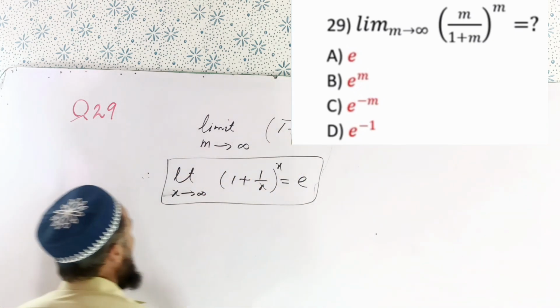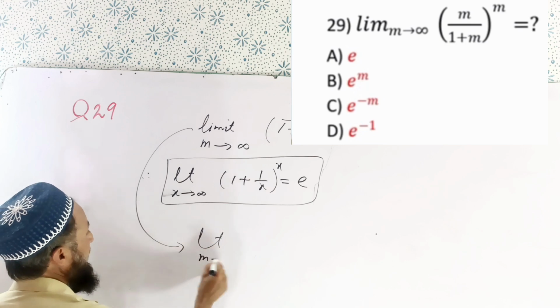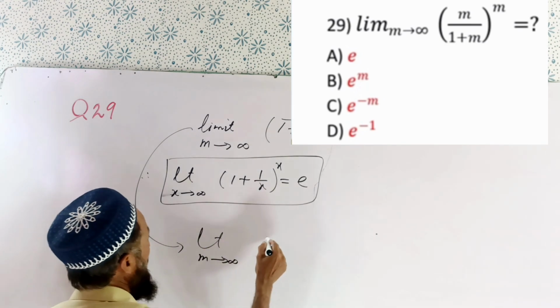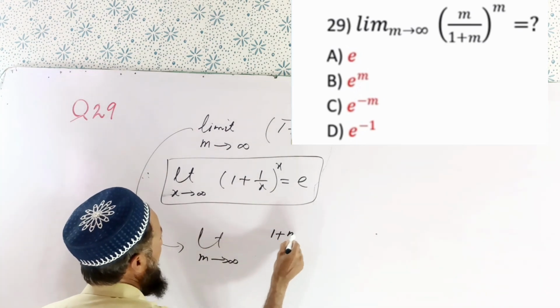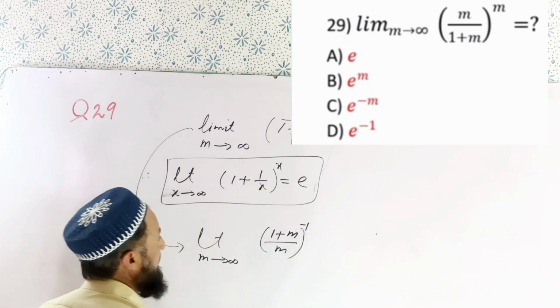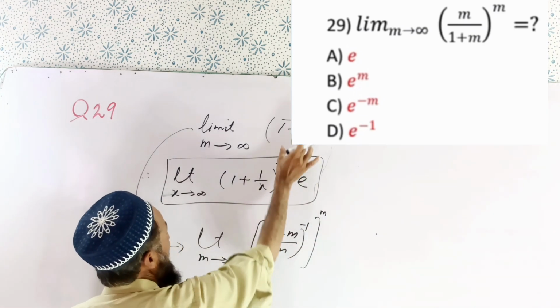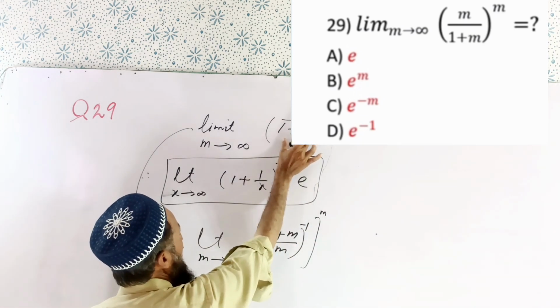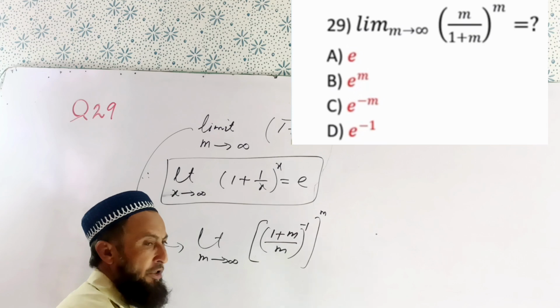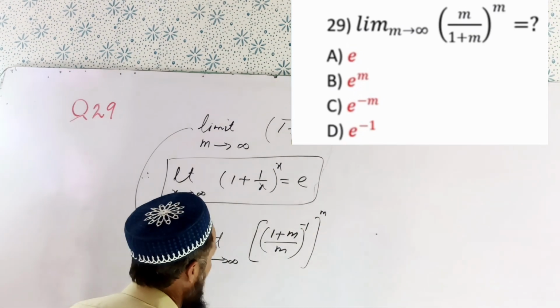So we take the reciprocal of this one: limit m tends to infinity of (m divided by 1 plus m) whole power m. We change the numerator and denominator terms, so the power is negative.